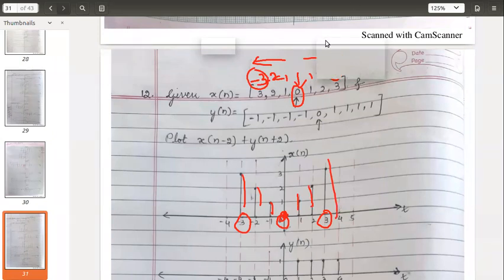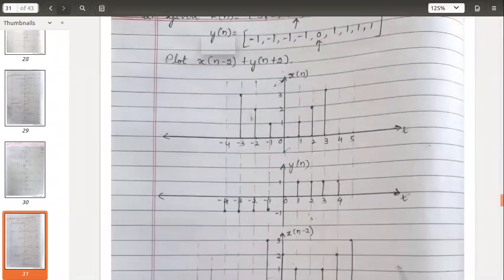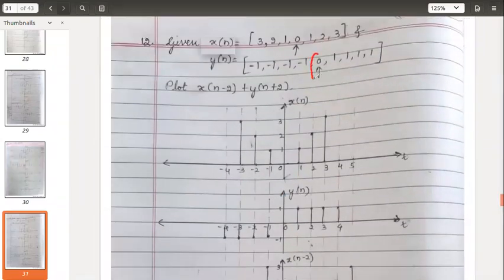Similarly, check y of n. At the origin, amplitude is 0, so don't draw anything. On the right hand side, all amplitudes are 1, 1, 1. On the left hand side, all amplitudes are -1, -1, -1.